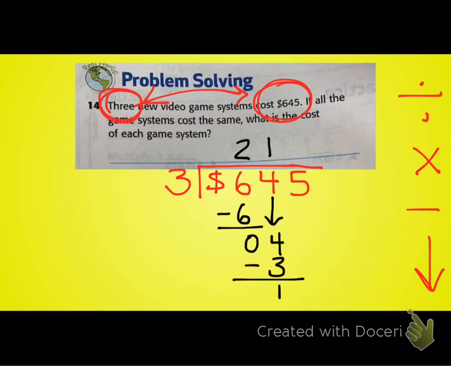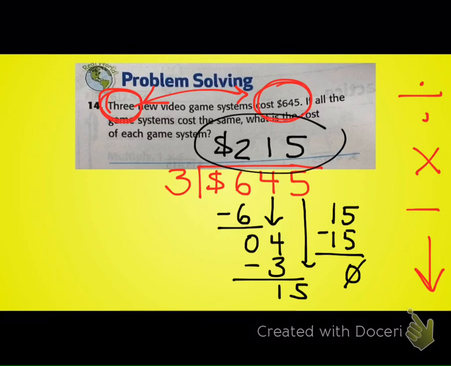Subtract, get our 1. Bring down our next number, 15. I'm running out of room, so I'm going to write that 15 over here. 15 divided by 3, that's 5. 5 times 3, that's 15. Subtract, I get 0 for a remainder. So it is a grand total of $215 for each game system.